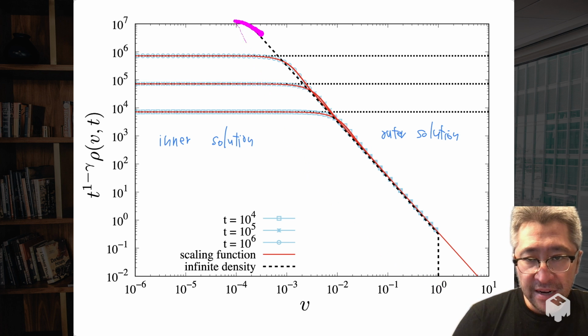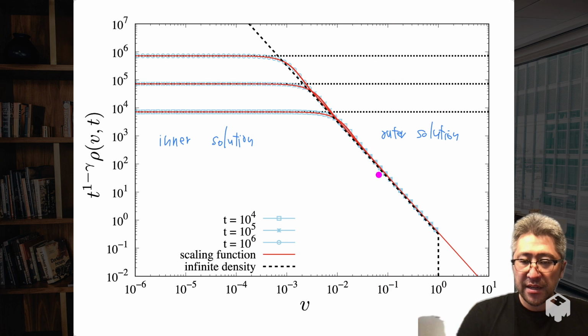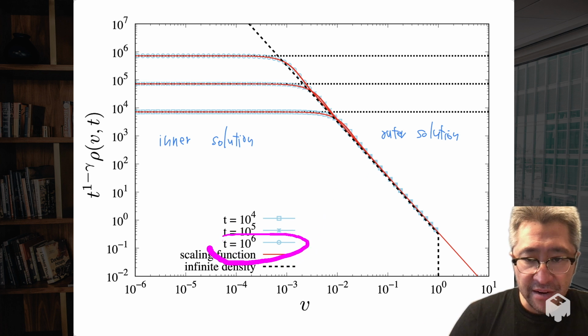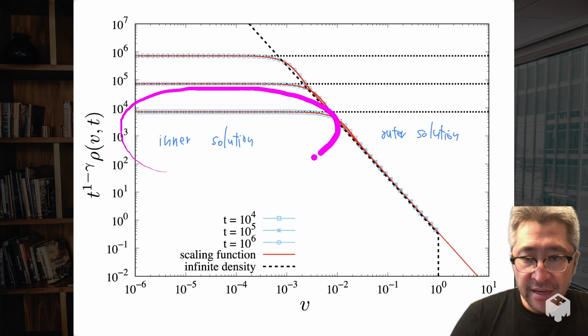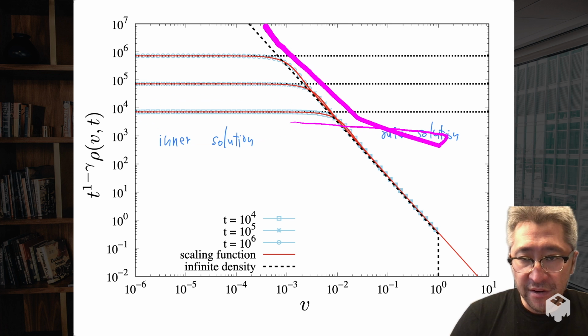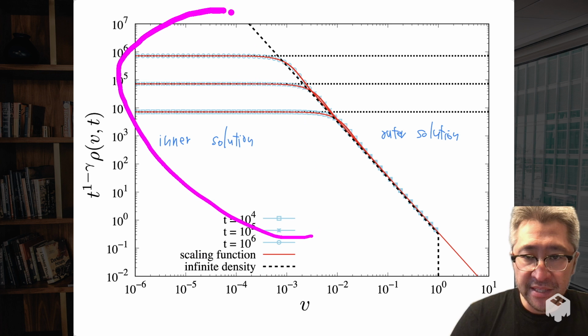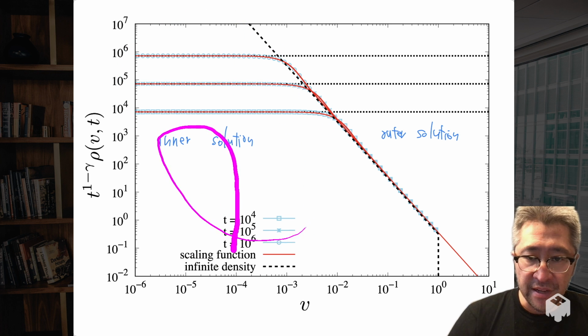So the infinite invariant density appears in this region. So this region is broadened as time increases. So here is the infinite density, and for the short time limit, here is a deviation from the infinite density. It can be seen in this regime, but this regime becomes smaller and smaller as time increases.